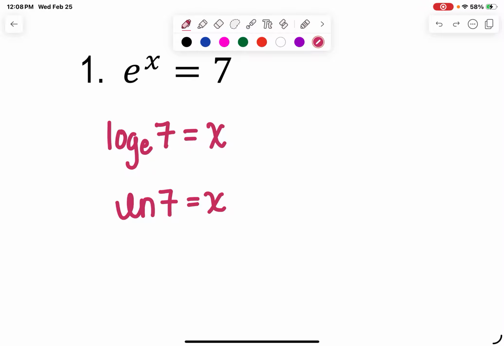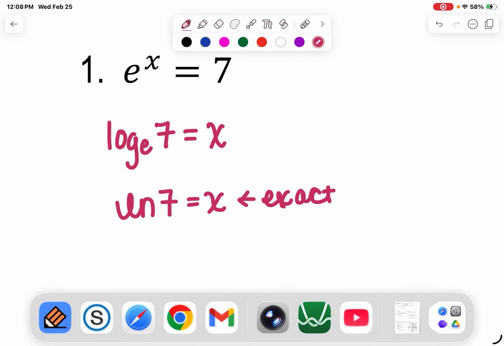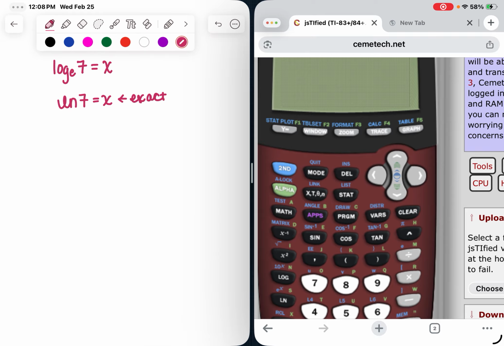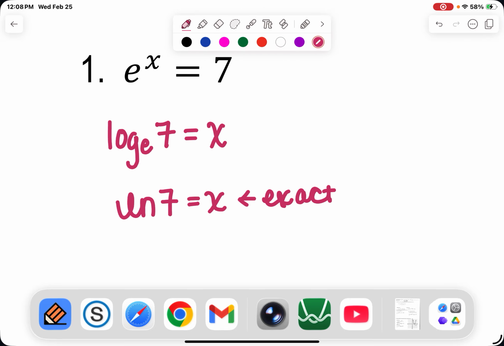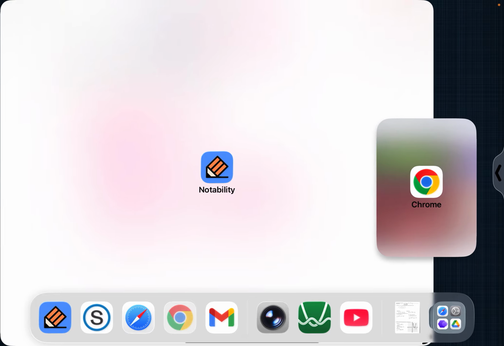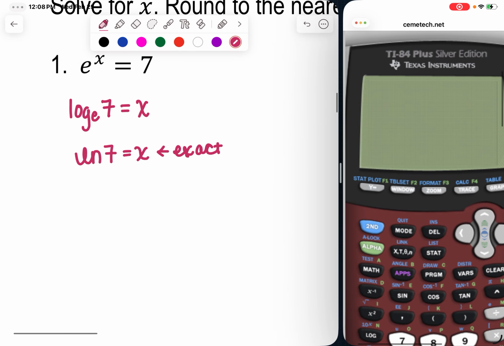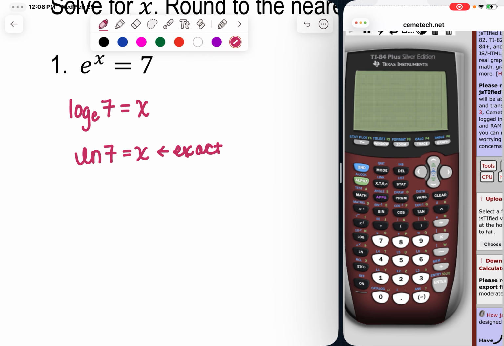But it doesn't ask me for my exact answer. It asks me, if necessary, round to the nearest thousandth, which in this case we're going to end up rounding. But if it asks me for exact, that would be my exact answer. So let's go ahead and do that. Just fighting for a smaller space for the calculator. Okay, so we're going to do natural log of 7.